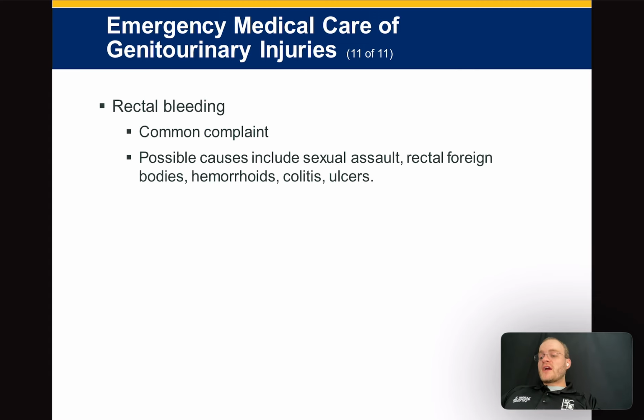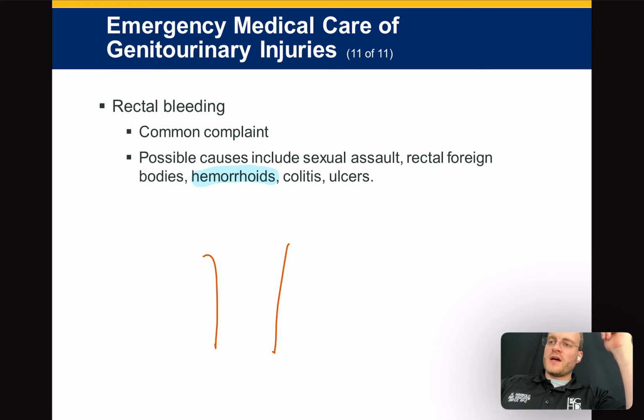Now, rectal bleeding, this is a very common complaint because of hemorrhoids, right? And so hemorrhoids is engorgement of veins. We'll draw this. So if this is the rectum, what can happen due to straining is the veins in the walls of the rectum can swell.